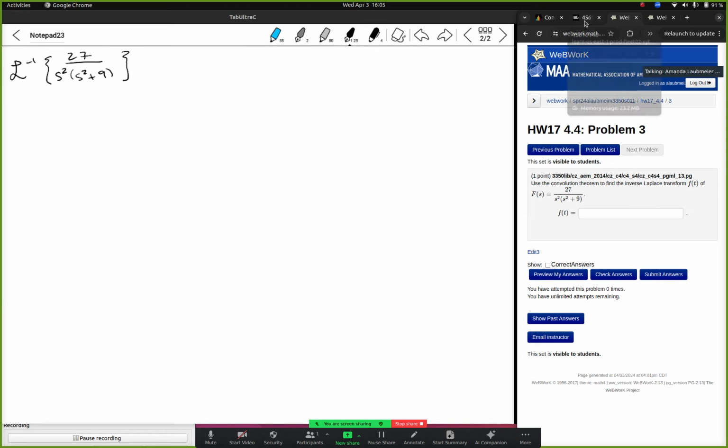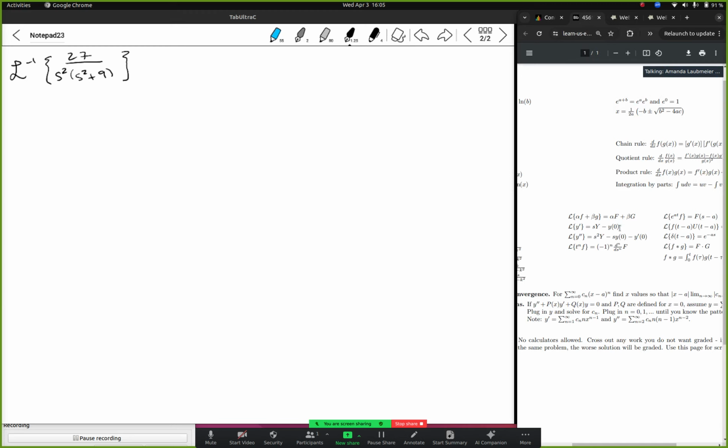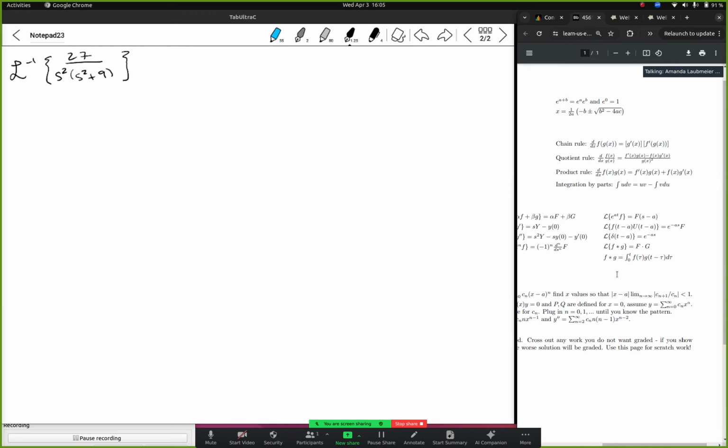And then I'm going to come over to the formula sheet real quick and try to figure out what parts we're going to need. We're given the hint that we should be doing the convolution rule.